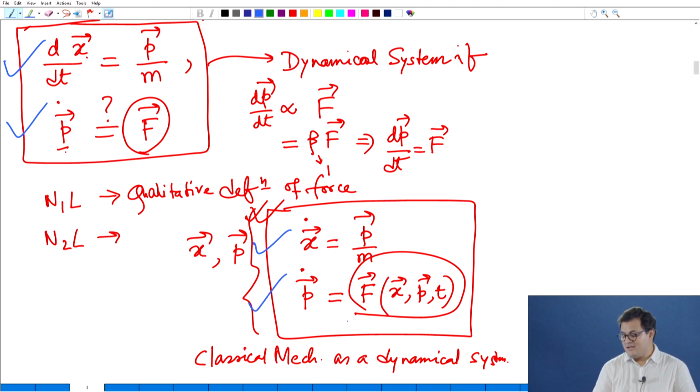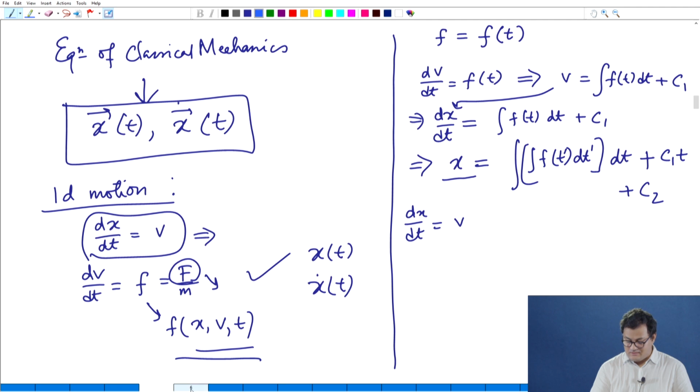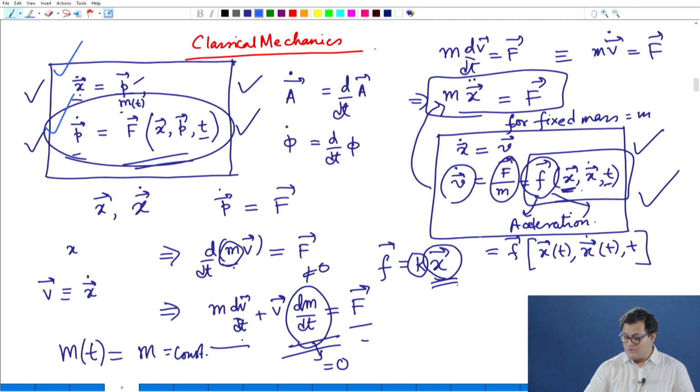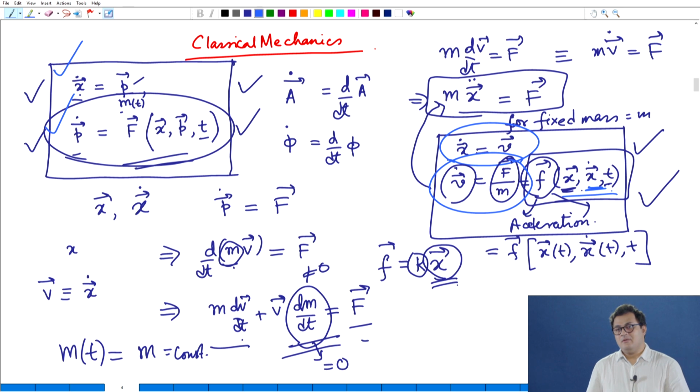For simplicity, for constant mass, this is just x dot is equal to v and v dot is equal to some f, which is a function of x, x dot and t. So, it somehow gives us that we have a closed system at the x double dot level.